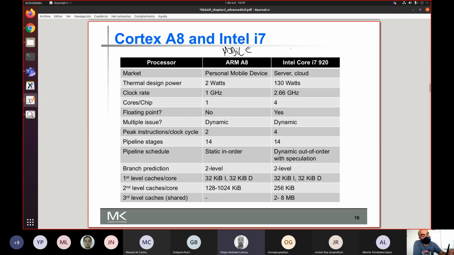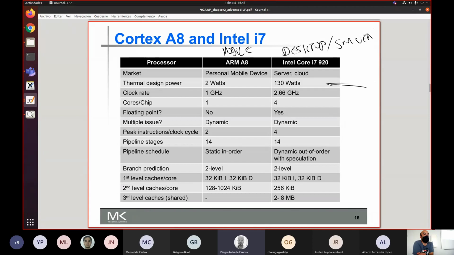One of them, and this is very obvious, is power consumption. If you plug the Intel i7 of your desktop computer to the battery of your smartphone, it's going to drain it in minutes, okay? So obviously, the thermal design power that we talked about at the beginning of this subject has to be much smaller.